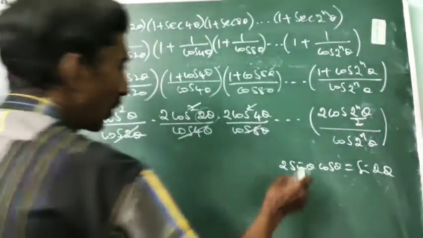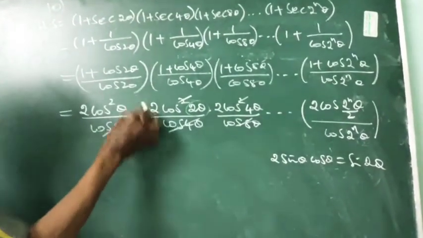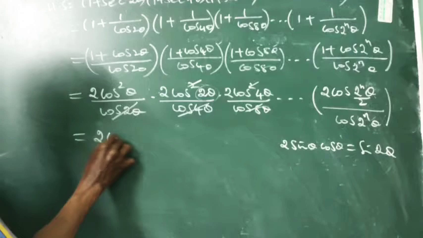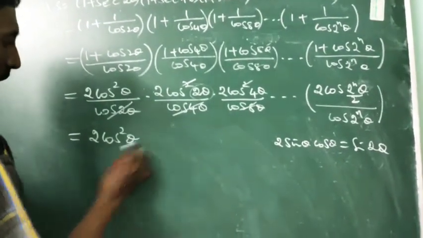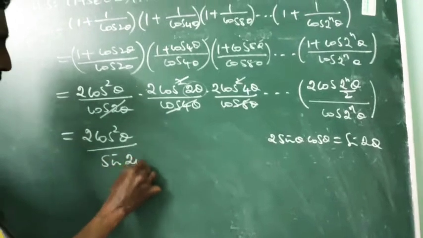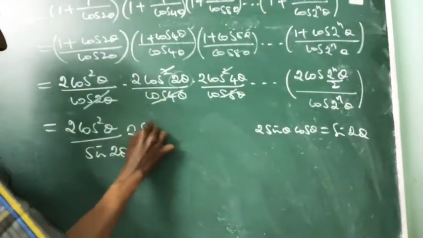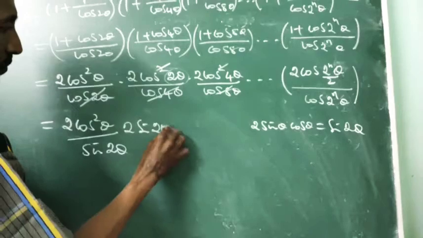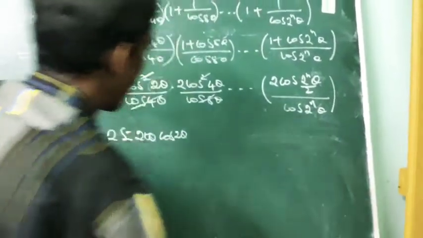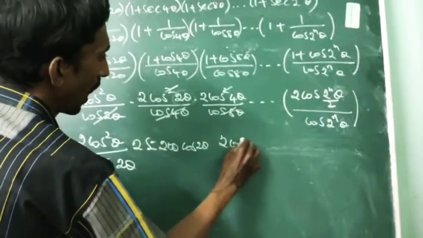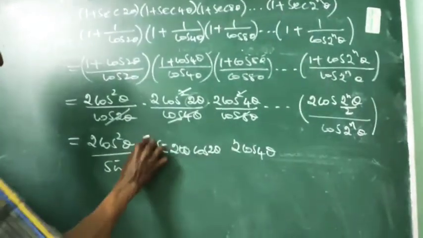Multiply and divide by sin theta. No change in the first term. Here we can multiply and divide by sin 2 theta. So here 2 sin 2 theta cos 2 theta. Remaining the same, 2 cos 4 theta.